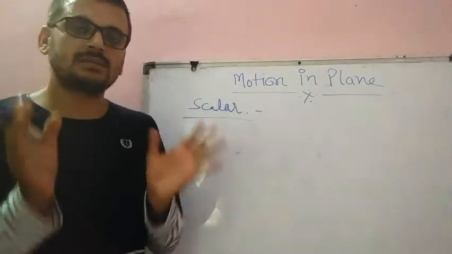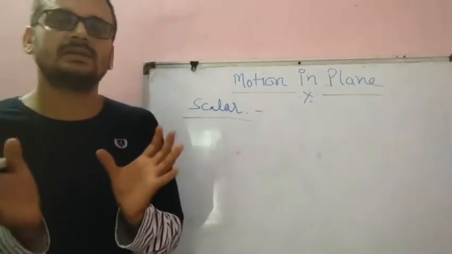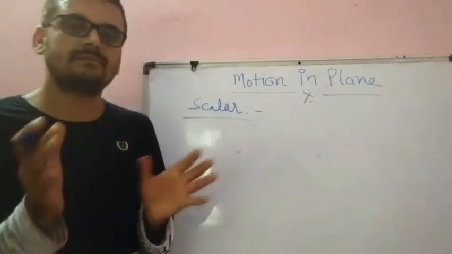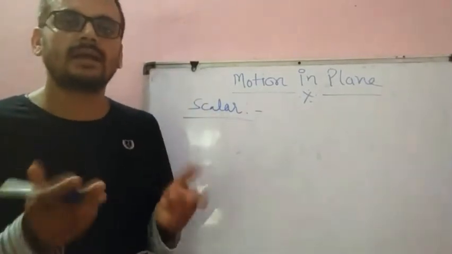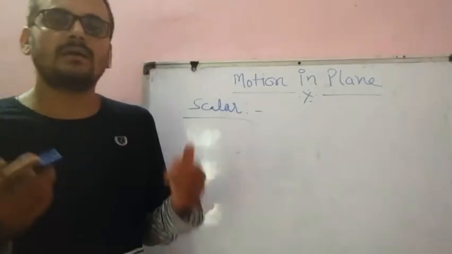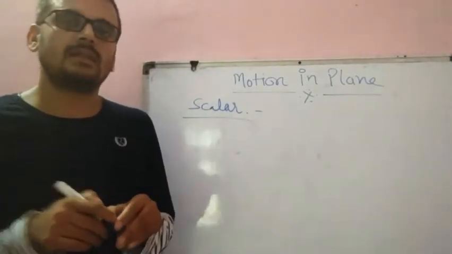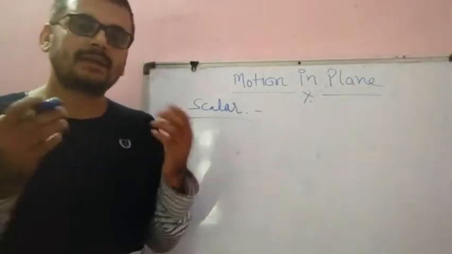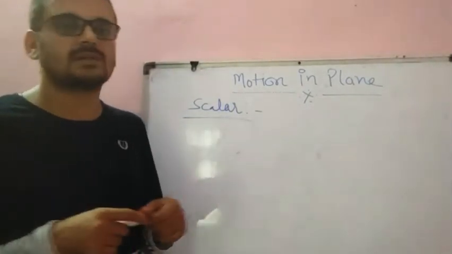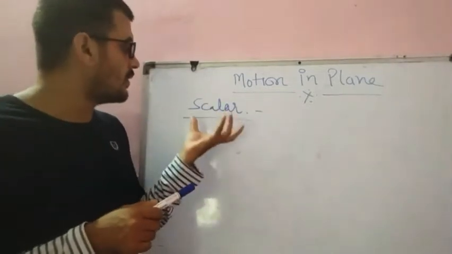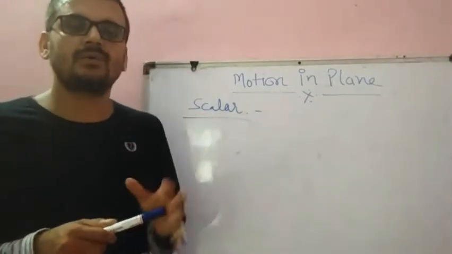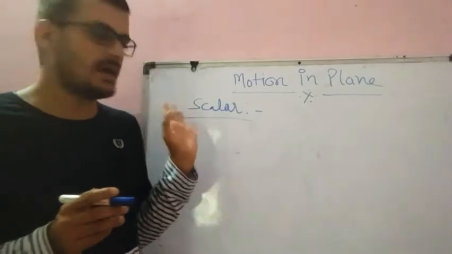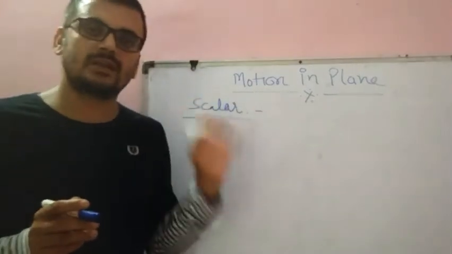Means physical quantities which we describe with only magnitude, like time, like work, like speed, like energy, like temperature. There are so many physical quantities which require only magnitude to represent. I think you got the meaning of scalar quantity.